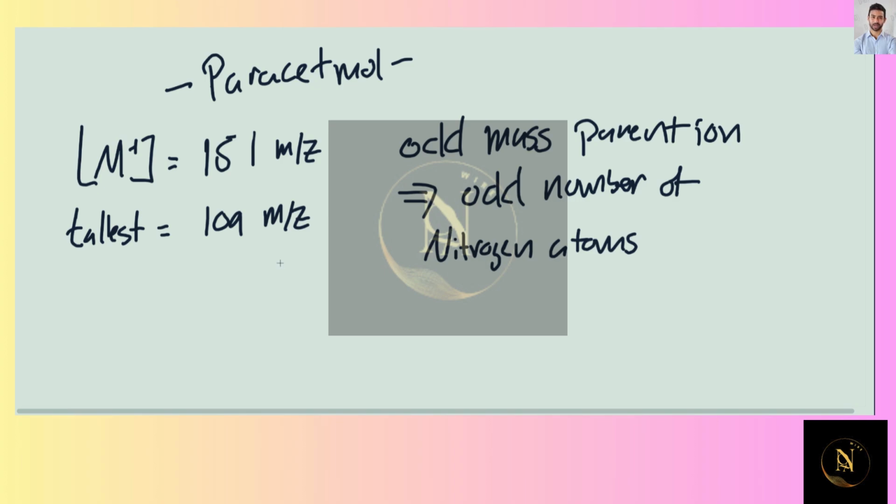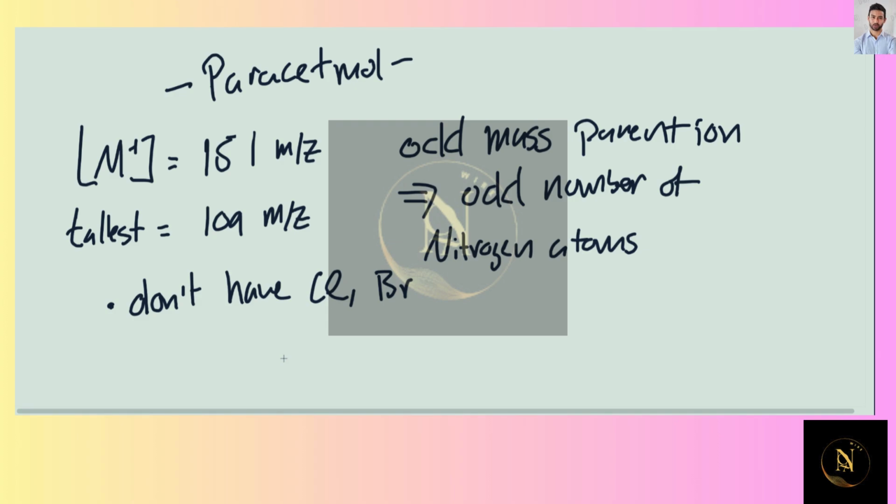Another observation you can make just looking at the parent ion is that you don't have chlorine or bromine, right? Remember, these have very, very distinctive M minus 1, M plus 1 peaks, and M, right?